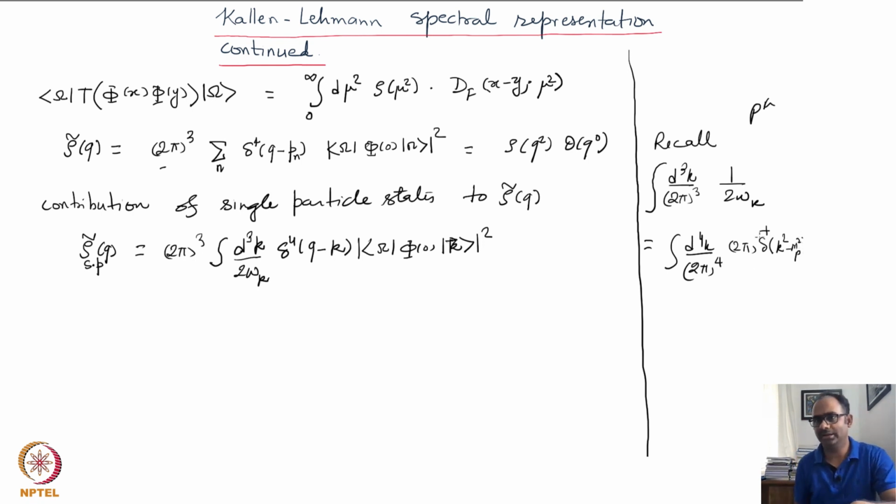Here m physical is what appears in omega k, where omega k is the square root of k square plus mp square.